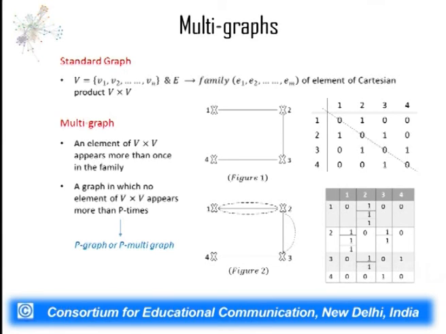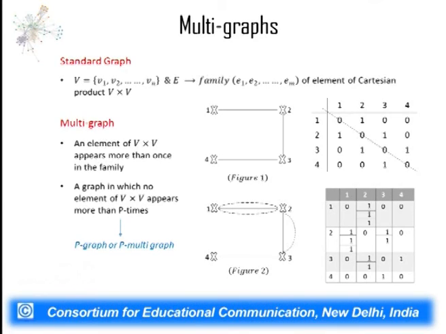So any graph, be it a hypergraph or standard graph, if any type of graph is having at least one more edge, a redundant edge between an existing pair of vertices, then that type of graph will be termed as a multigraph.